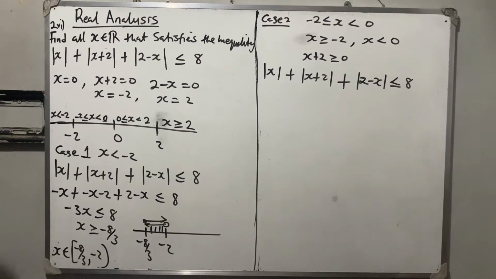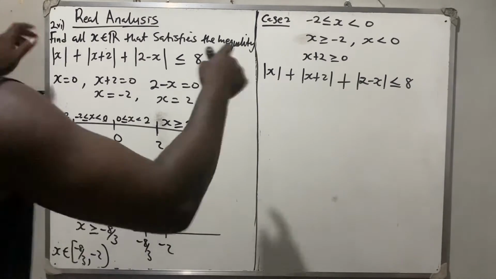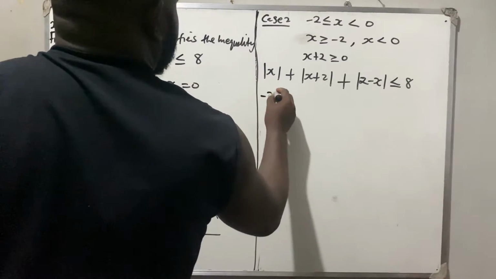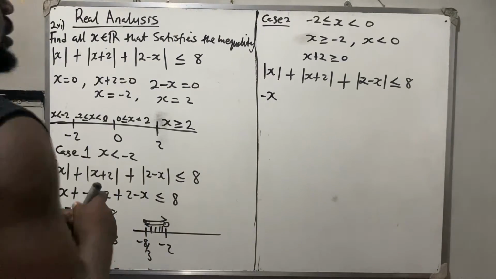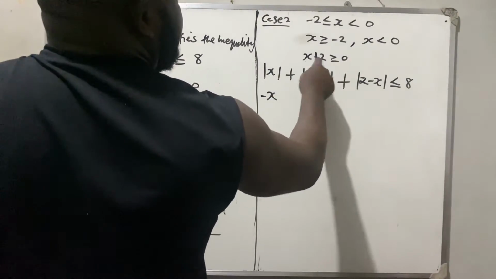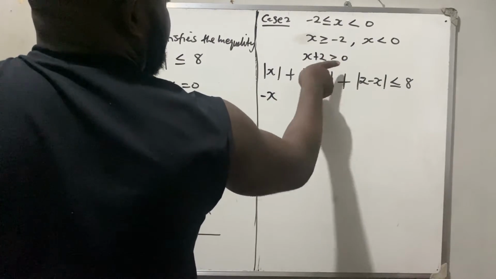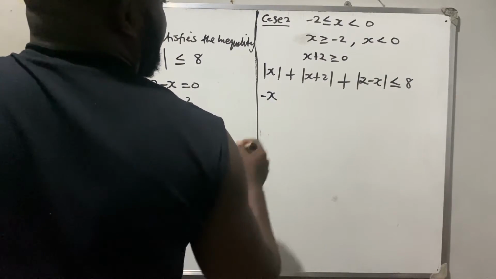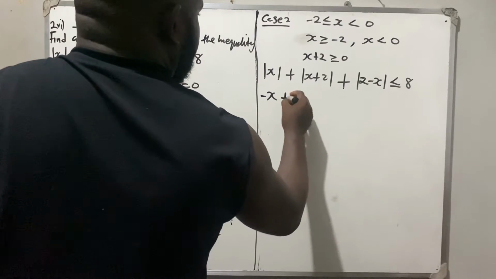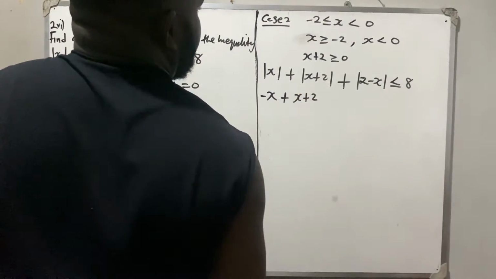Having this, for this one, x is less than 2, so here it is going to be negative x, and this one is greater than or equal to 0, so it's positive, so it's going to be itself, x plus 2.